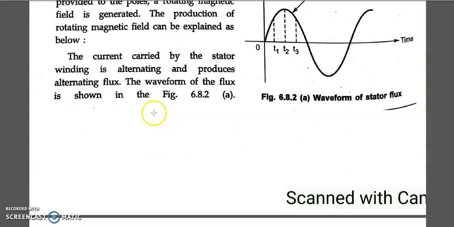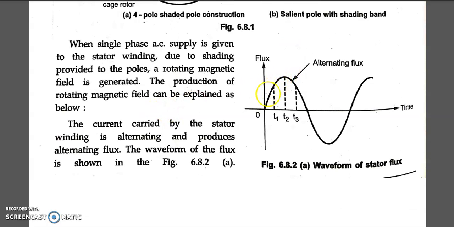Okay, here rate of change of flux is increasing, rate of change of flux is decreasing, right, from T2 to T3. From T1 to T2, or from 0 to T2, it was increasing, and T2 to 0 it is decreasing. Here it opposes the increase in the shading band, and from here to here it opposes the decrease. Okay, whenever it opposes the increase, that particular part, the flux will get reduced.